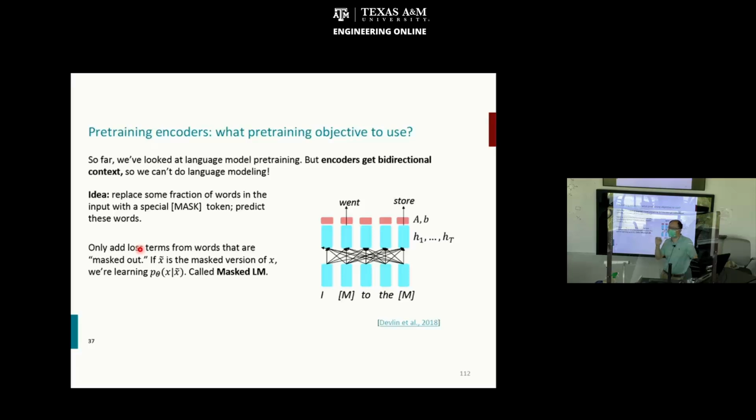So you really cannot assume that the context in natural language comes only from the past, or the words ahead of it. But that's what we had to do for the decoders. In the encoders, we can use both directions, but that also means that we cannot do language modeling anymore. So what do we do instead?